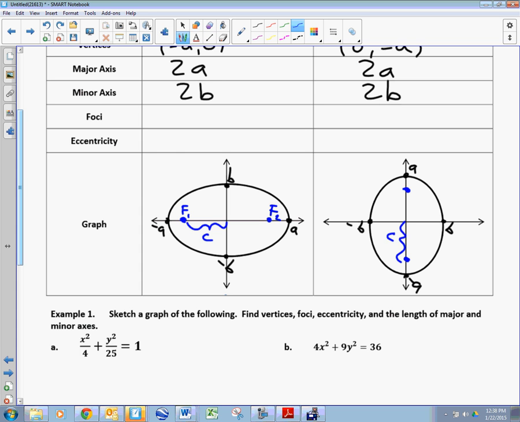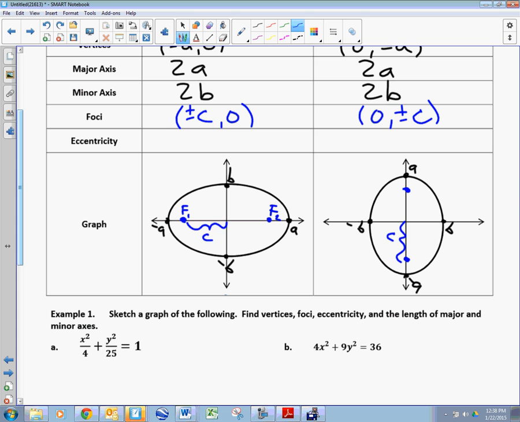The whole point is that we want to just name the coordinates of the foci. For the horizontal one, what are the coordinates of the foci if it's c units from the center? Plus or minus c, 0. Very good. And what are the coordinates for the vertical one? 0, plus or minus c.